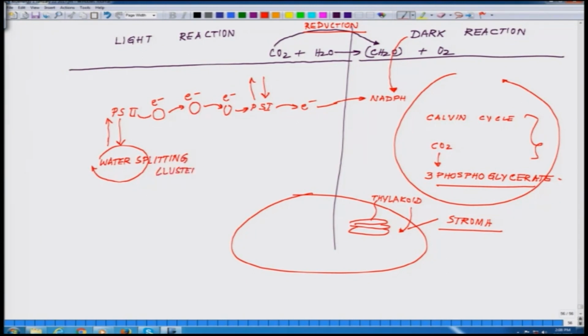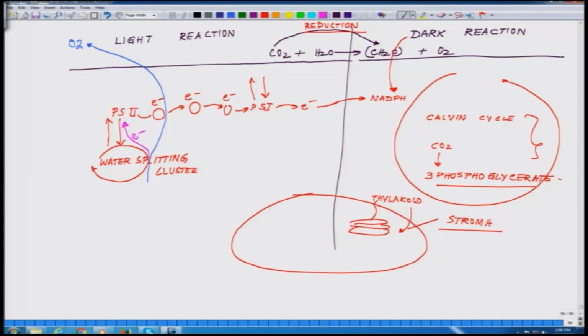So, out here what you are seeing is, this is what is leading to the generation of oxygen, and the second thing coming out of this is the electrons. Okay.